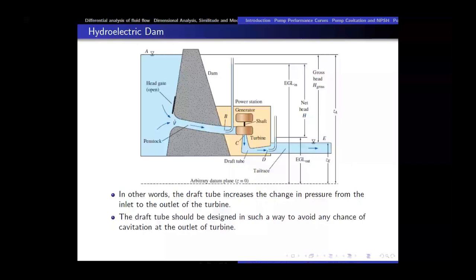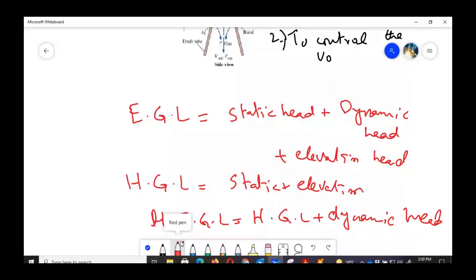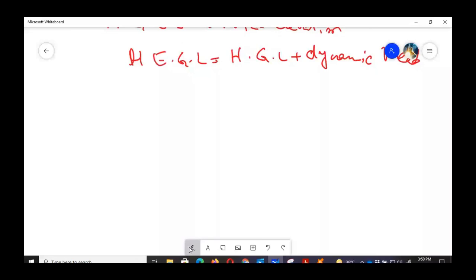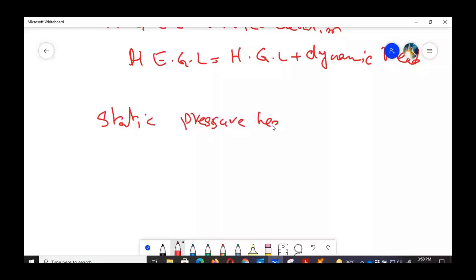Static head, if I talk about static pressure head, that is due to the collision of fluid molecules. This is the pressure head value which you can see from the steam table.